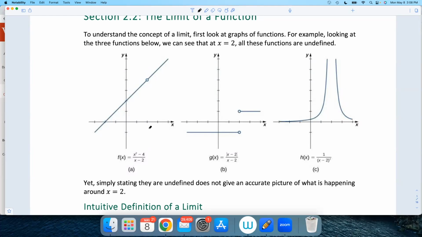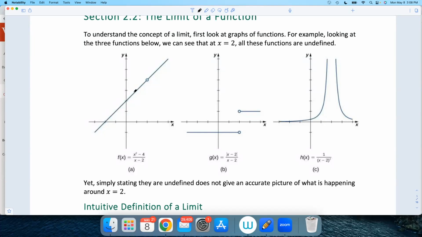So if I'm close to 2, if I'm around in here, what are my function values close to? 1, 2, 3, 4. They're all close to 4. If I were to walk along the graph, going from left to right, my x values are getting closer to 2. I'm right here at x equals -1.